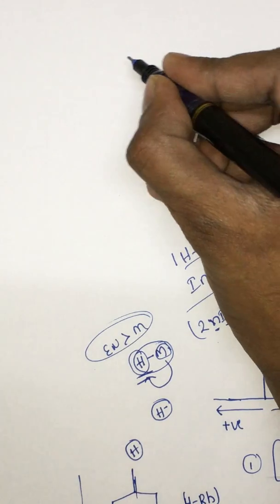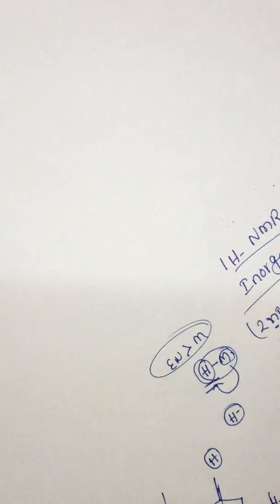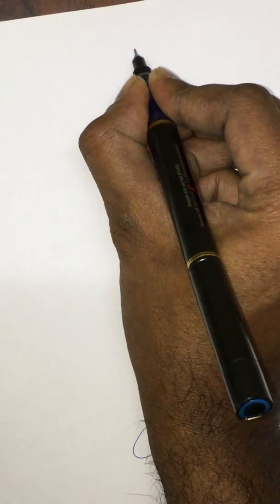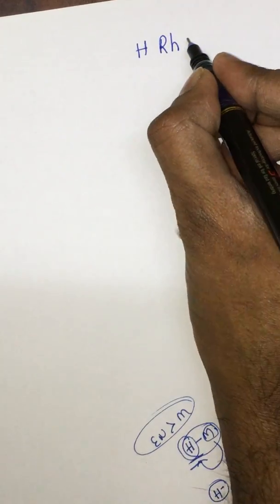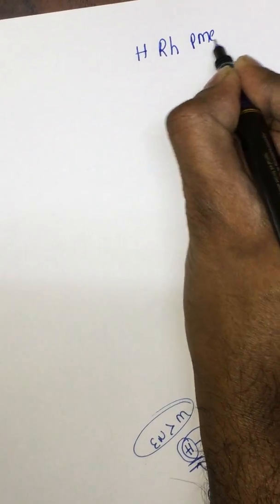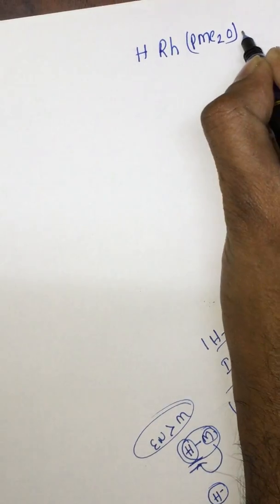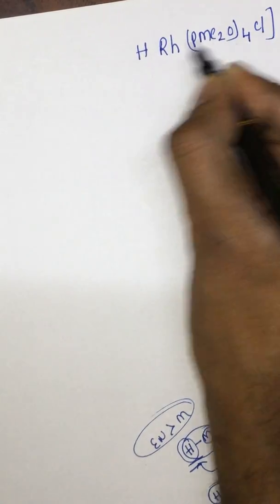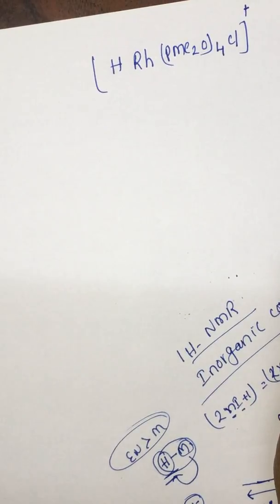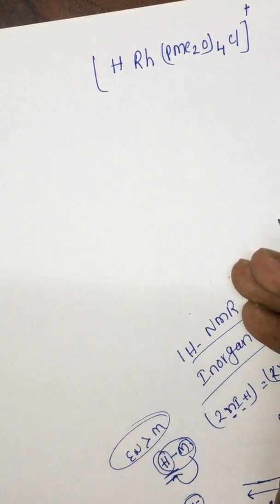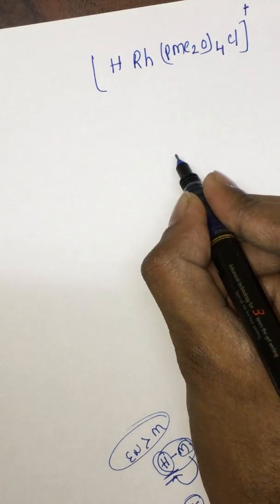The next complex we have is HRh(P(OMe)2)4Cl plus. Before identifying how many peaks we will get, first we will draw the structure of this complex.